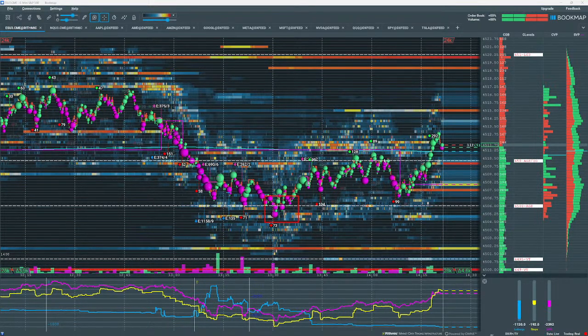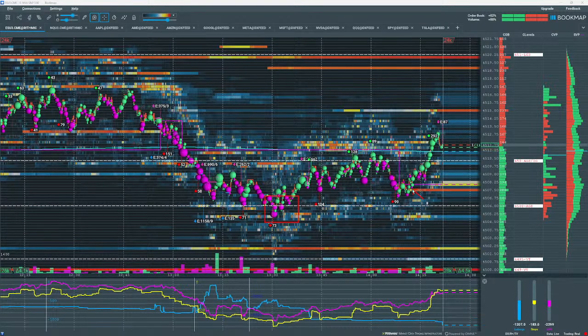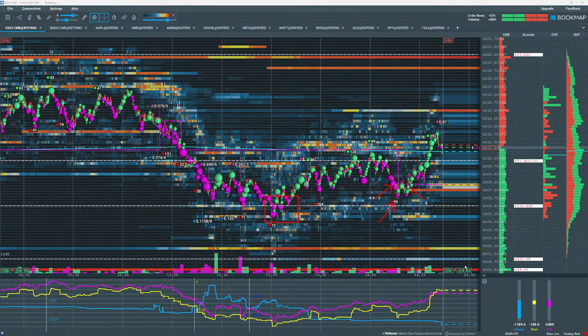Price moved up to the 450 level, moved back down, didn't quite retest the 4,500 level, and for this most recent swing higher, aggressive sellers moved price down. A little bit of a sell stop move down, and then aggressive buyers started to come in, and price is moving higher as again options traders are taking positive delta positions.